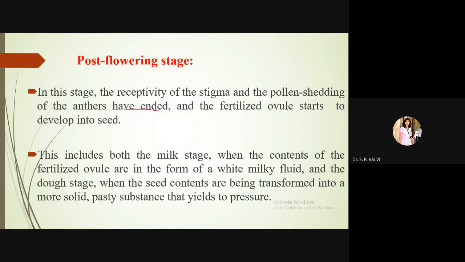In the previous stage, the stigma is receptive and the anther is shedding its pollen. Now the stigma receptivity has stopped, and the anther has also stopped shedding pollen. So that stage has ended, and in the post-flowering stage the fertilized ovule starts to develop into a seed.